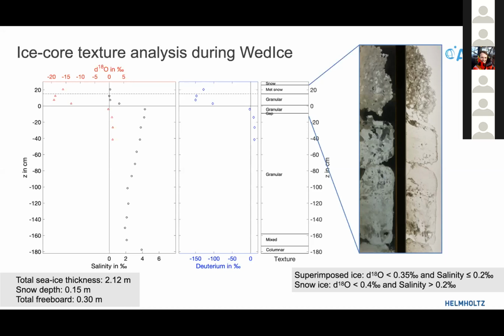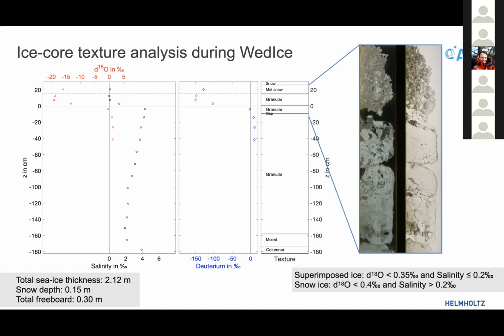When the isotopes were lower than 0.35 per mil and the salinity smaller than 0.2, we called it superimposed ice. For higher salinities, it is snow ice. And when the isotopes are higher than 0.35, it is basically pure sea ice.